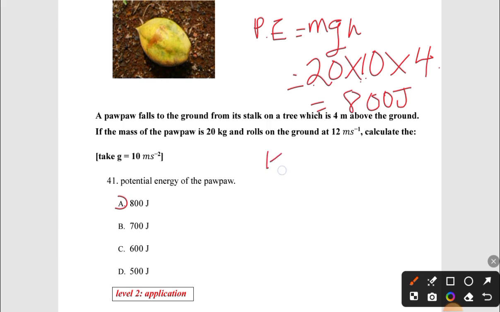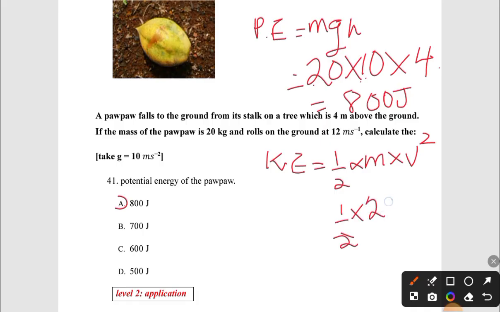Now, to the kinetic energy. Formula is half times mass times velocity squared. So half multiplied by our mass, which is 20, multiplied by velocity squared, which is 12 squared. 2 here, 1; 2 here, 10.